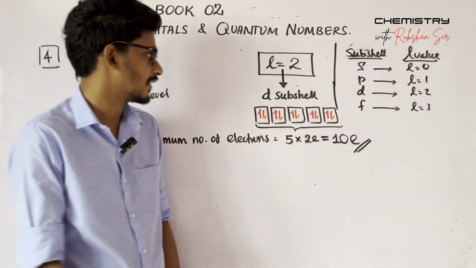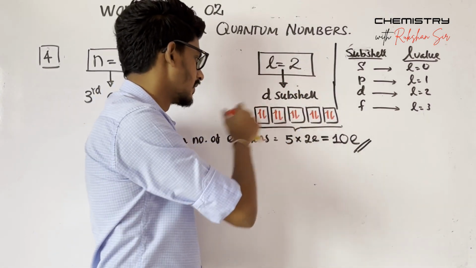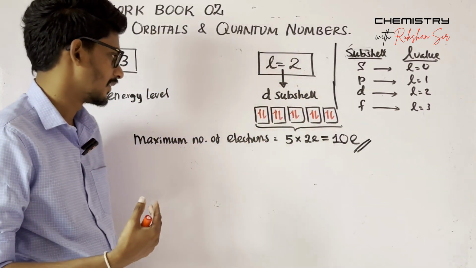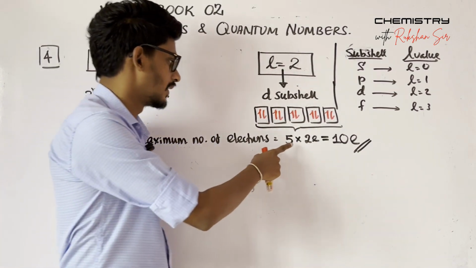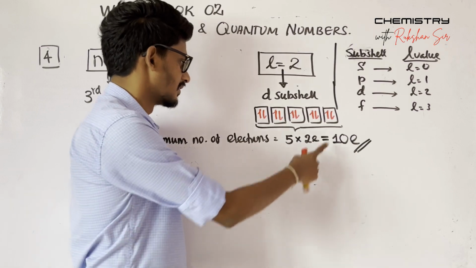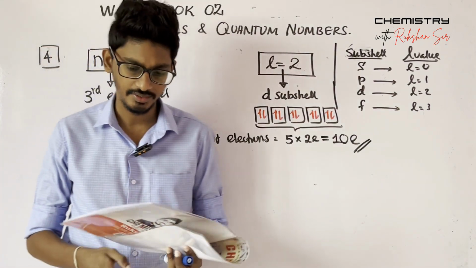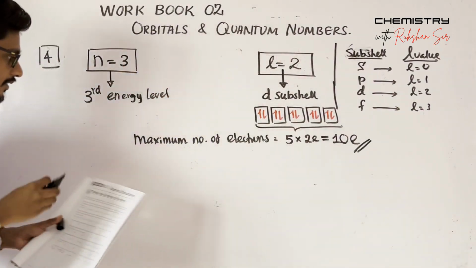One orbital can have a maximum of 2 electrons, so the maximum is 10 electrons. So the answer is answer number 5.